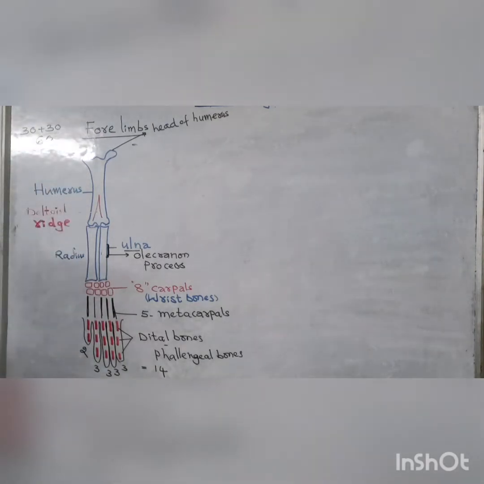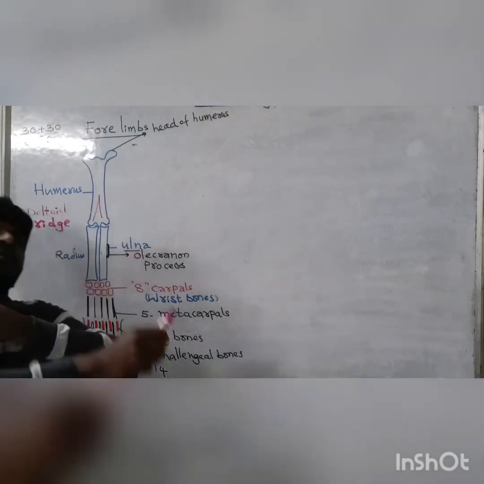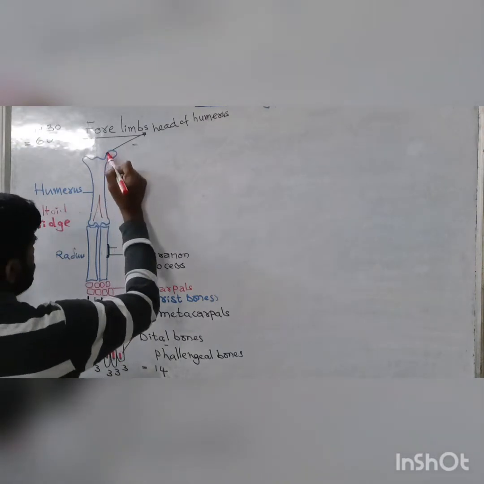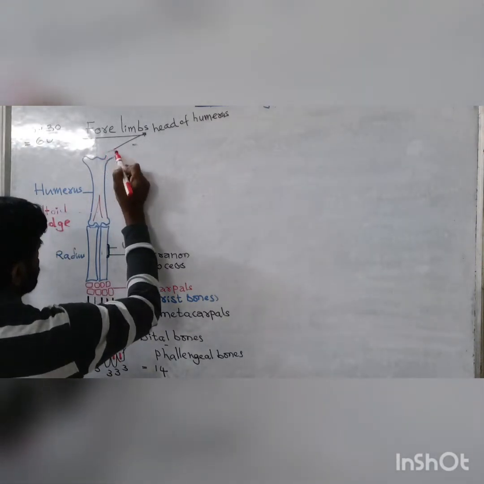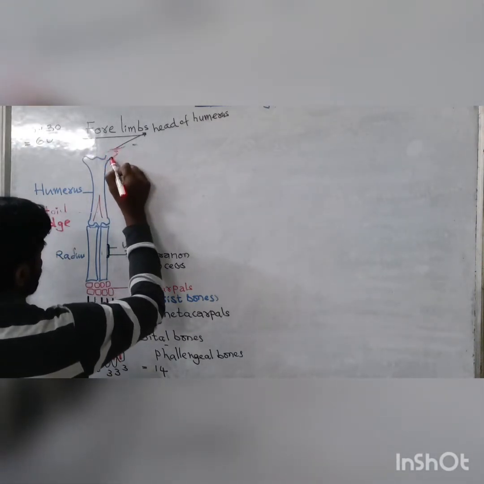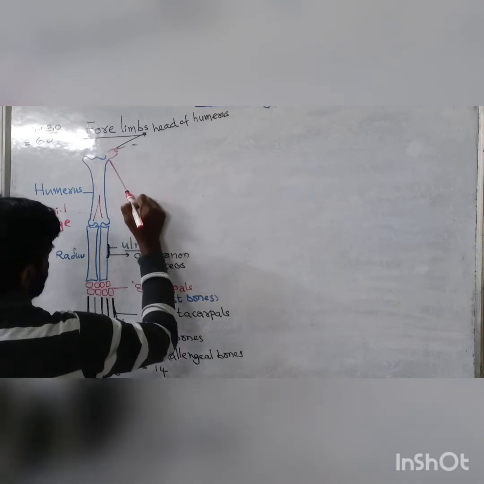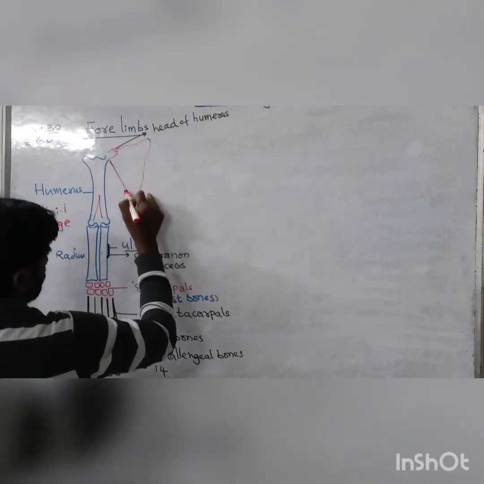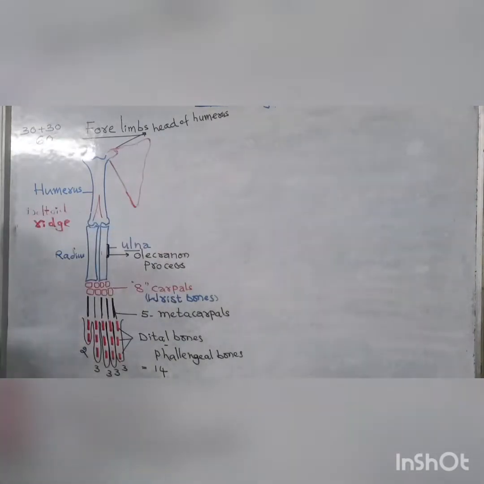I told you that the head of the humerus articulates with the pectoral girdle, because the pectoral girdle is the girdle which is supporting the forelimbs. One side pectoral girdle contains two bones.